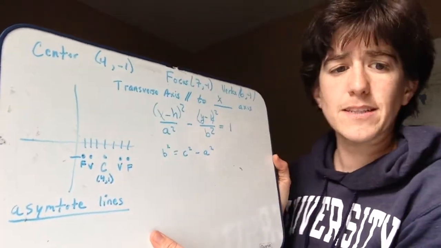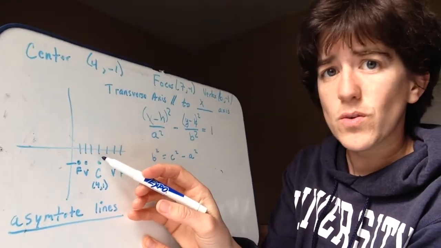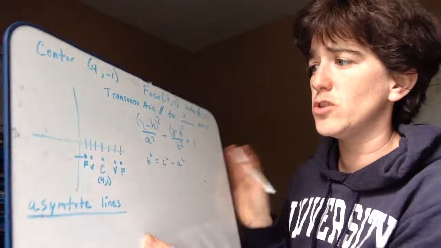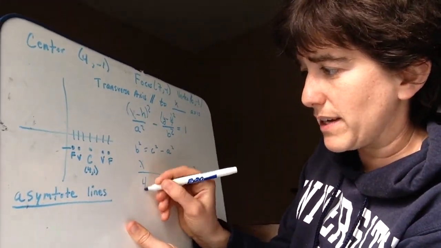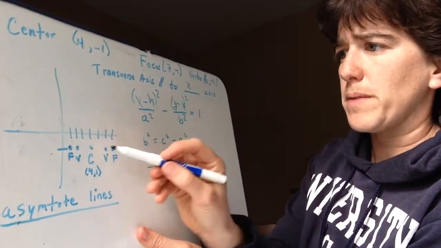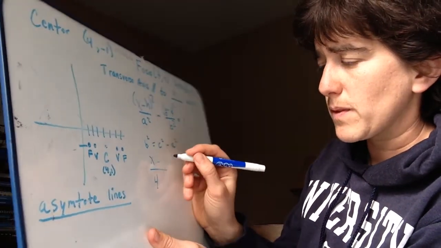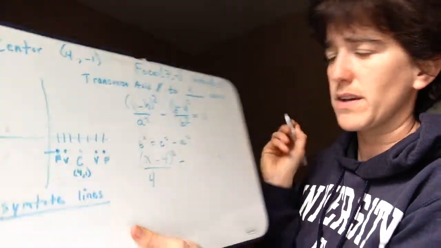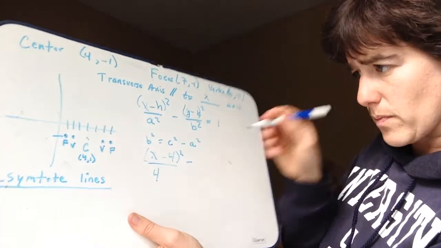A is my distance from the center to the vertex, so in this situation my a distance there is 2. I know that my a squared is 4 because 2 squared is 4. I also know that the x value of my center is 4, so I have x minus 4 squared set up there.